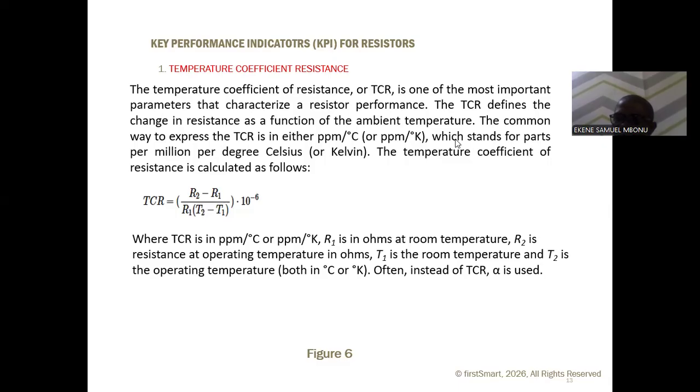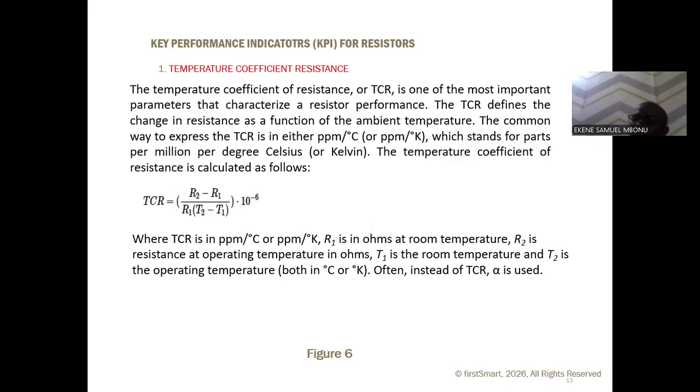The TCR defines the change in resistance as a function of the ambient temperature, that is room temperature. The common way to express the TCR is in either parts per million per degree centigrade or parts per million per Kelvin, which stands for parts per million per degree Celsius or Kelvin.